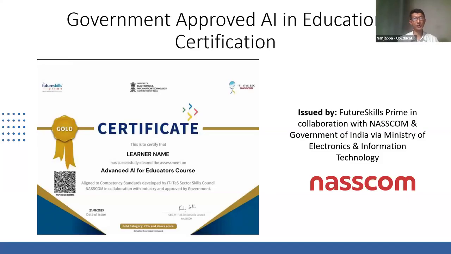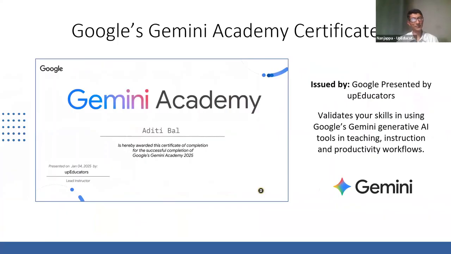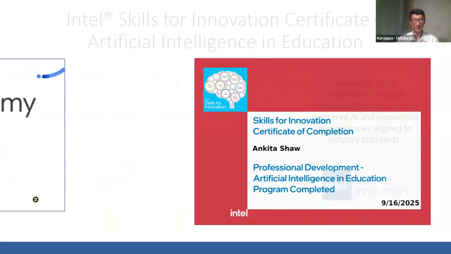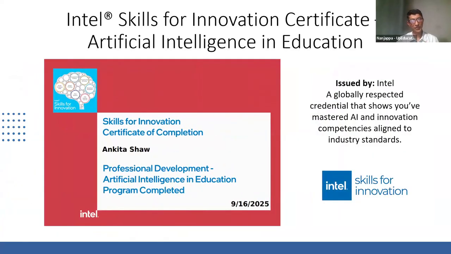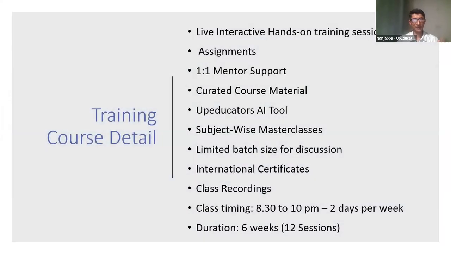Plus you will be eligible to take up the future skills examination from NASSCOM, which is Advanced AI for School Educators. This course prepares you for that. And the interesting thing is, you will also get a certificate from Google for the Gemini part. Then you also get a certificate from Intel. So basically 4 different certificates.